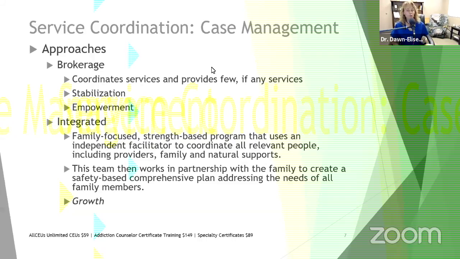Then you have integrated case management. This is family-focused and strengths-based and uses an independent facilitator to coordinate all relevant people, including providers, family, and natural supports. This team then works in partnership with the family to create safety-based comprehensive treatment plans addressing the needs of all family members.